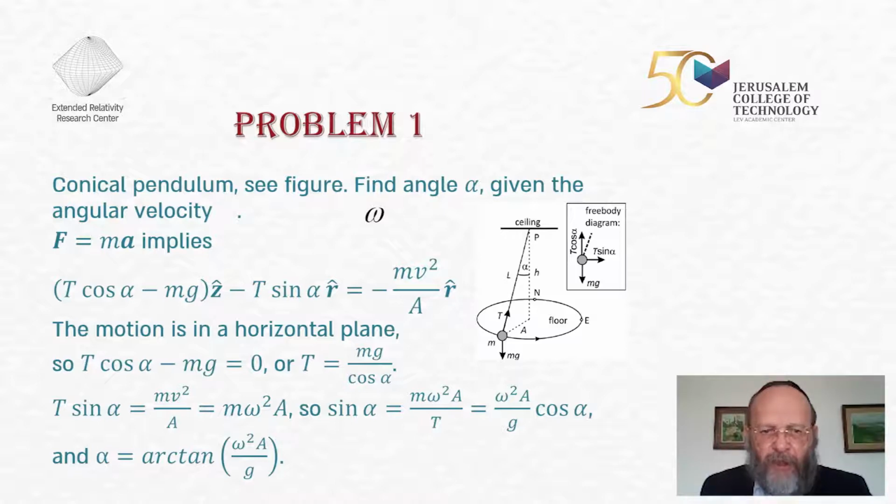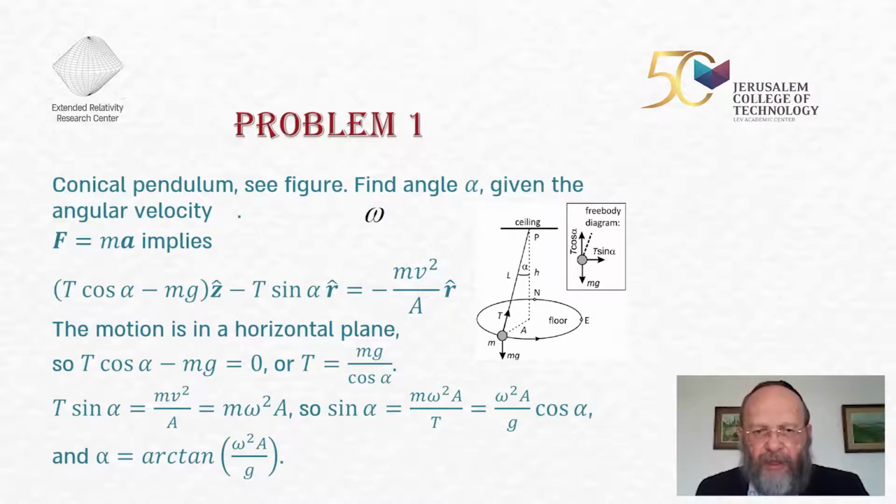Now we substitute all the values. From the vertical equation, T cosine alpha minus mg has to be 0, because it's not moving up and down. You get the value of T, mg over cosine alpha.